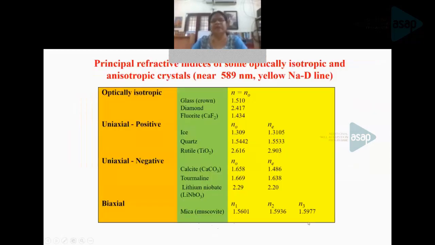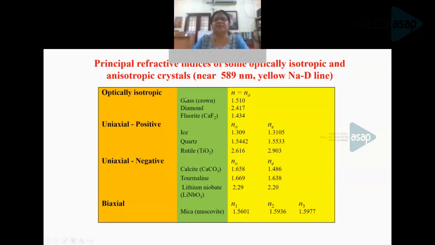And in this table, I have listed some principal indices for various crystals. So here isotropic crystals are also there. Anisotropic crystals are also there. For isotropic crystals, we know that there is no birefringence. Therefore, it possesses only a single refractive index throughout the crystal.